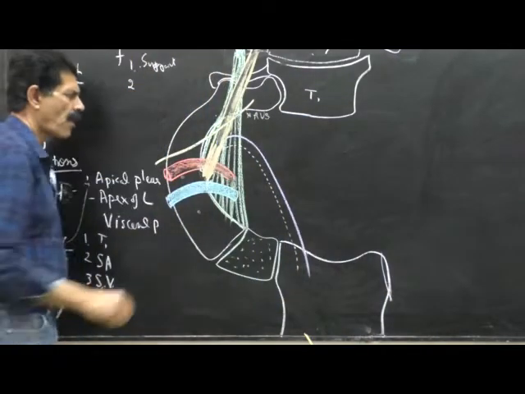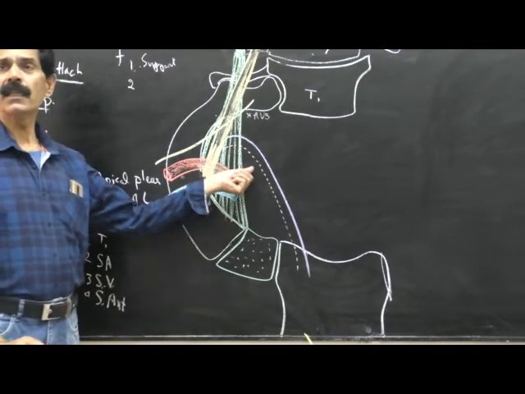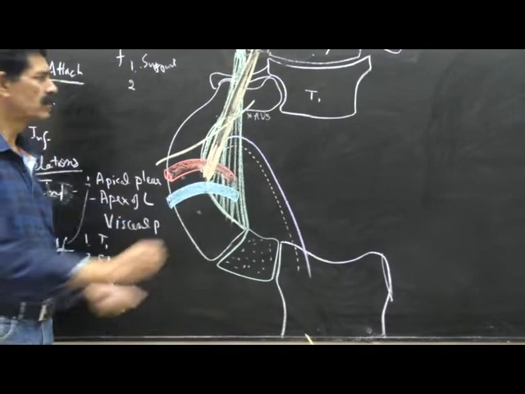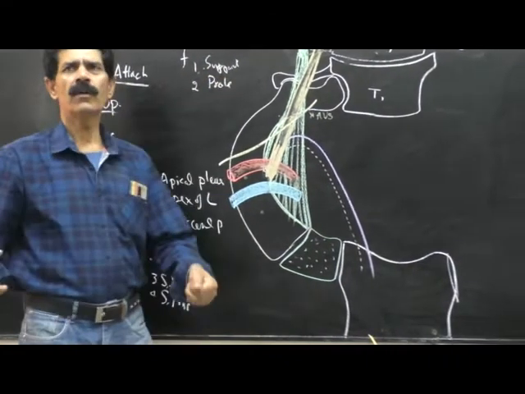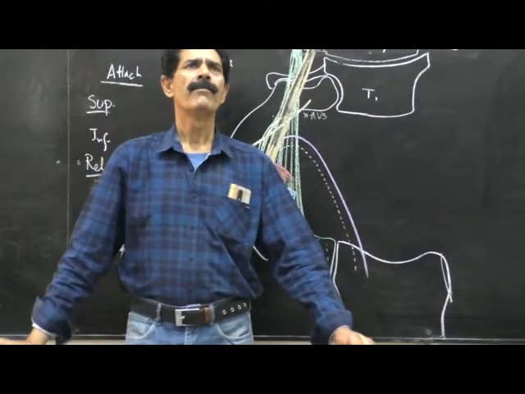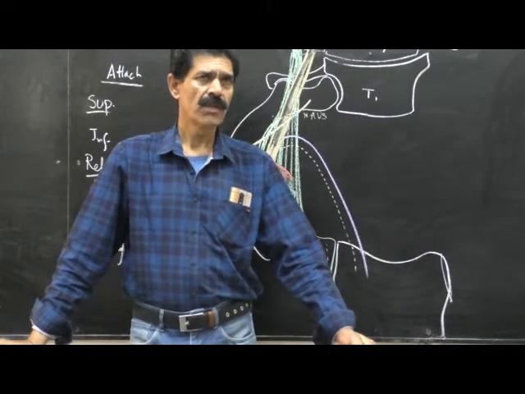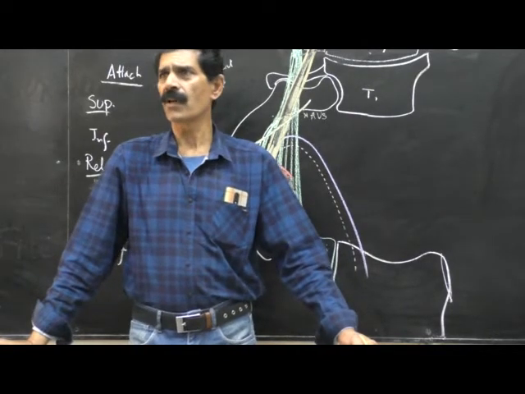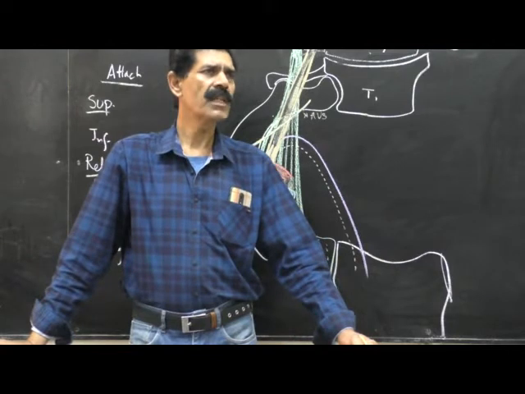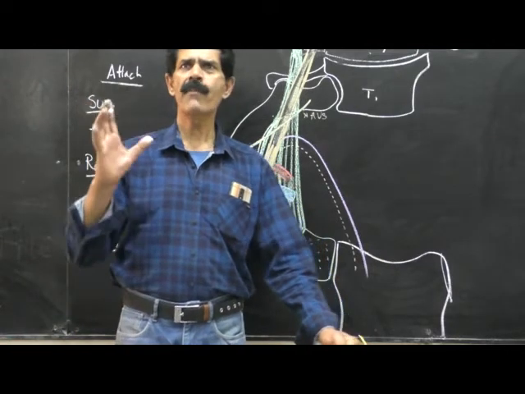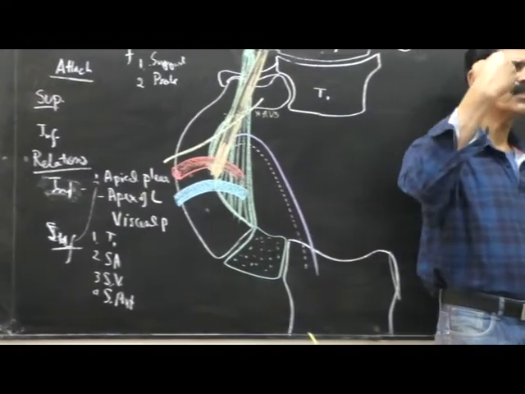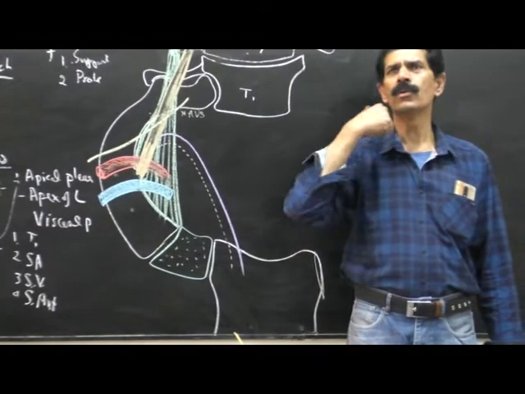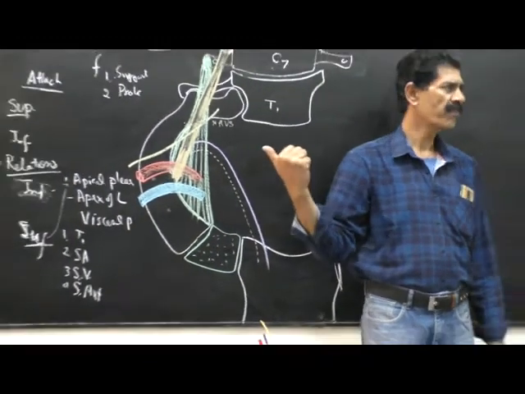Secondly, it protects the apex of the lung. Protection. Because you know lungs are filled with blood and air, so they are very delicate viscera or organs. Anything can injure them. So this tough membrane, the suprapleural membrane, will protect from external injuries over the root of the neck. That is another function why it is present.